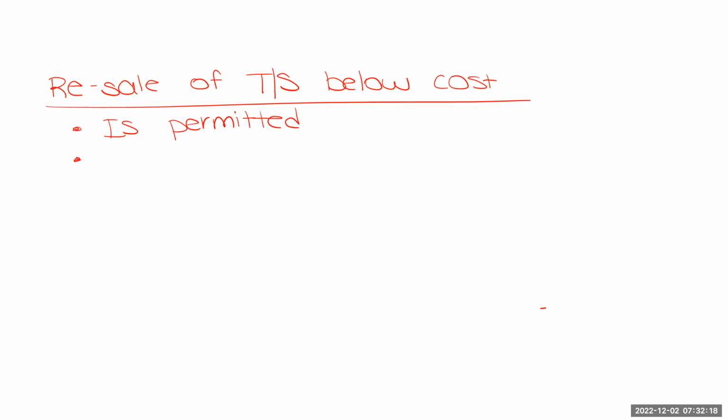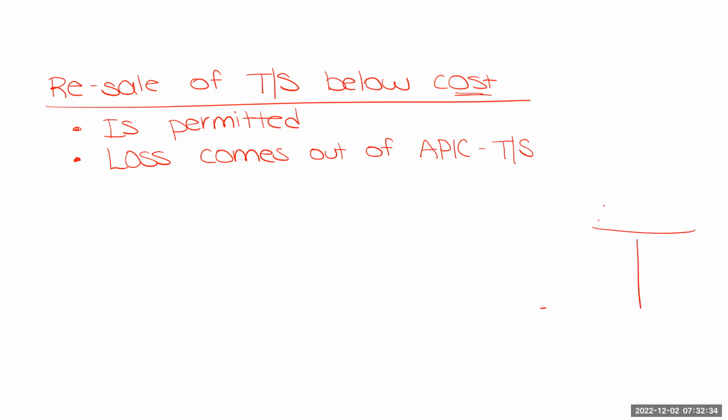It is permitted. Okay, if you do sell below cost, you're going to have a loss, right? This loss will come out of the APIC Treasury stock, right? So if you have a gain from reselling your treasury stock previously, it would be on the credit side, because it's a credit normal balance. You first use it up.